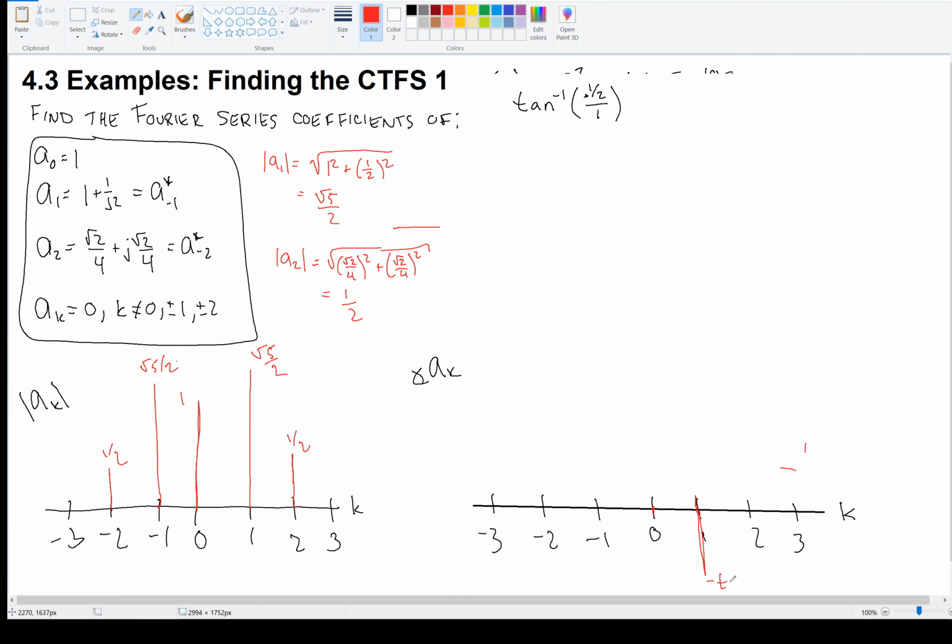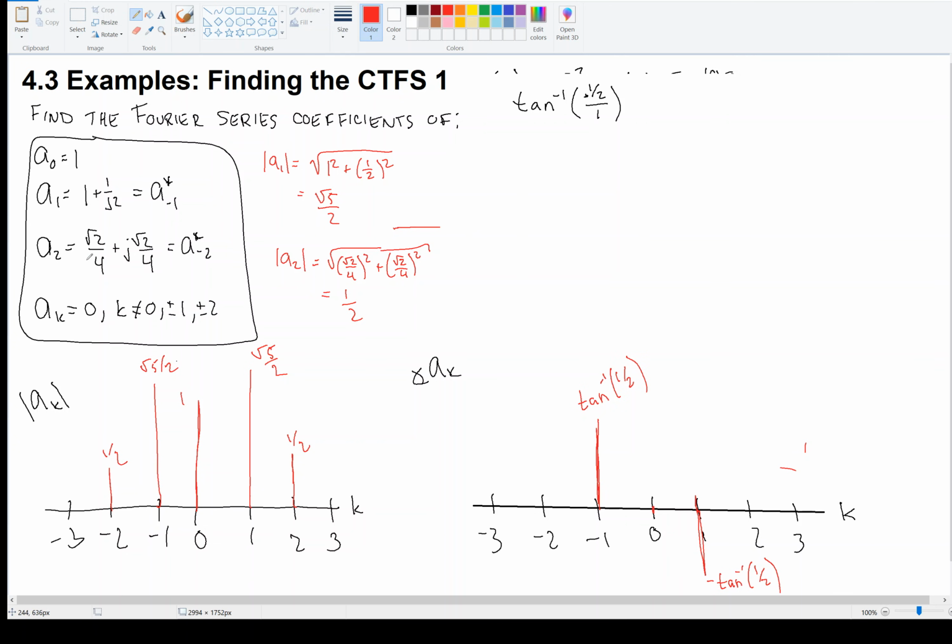Minus the inverse tangent of 1/2. Okay, because the tangent is an odd function, so I can pull out the minus. And then the complex conjugate turns that minus into a positive, so for A minus 1 this is the inverse tangent of 1/2.